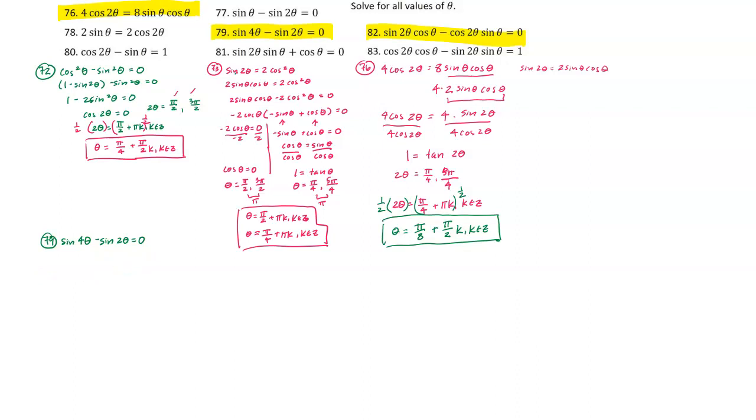Because if you had a... how would I explain that? If you had 4 times an angle subtracted by 2 times an angle, you could have it where it's 2 times 2. This is made up of 2 of the angles.